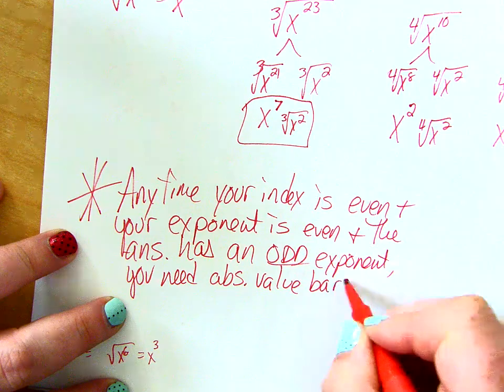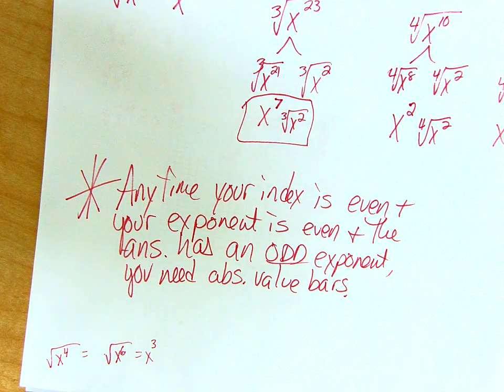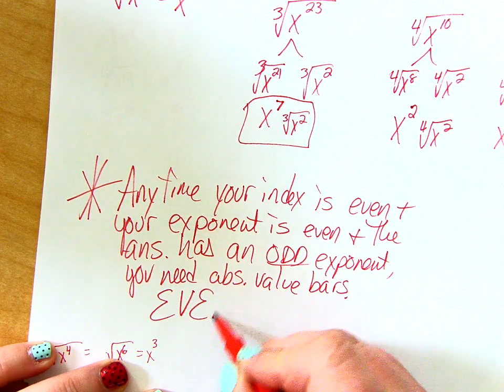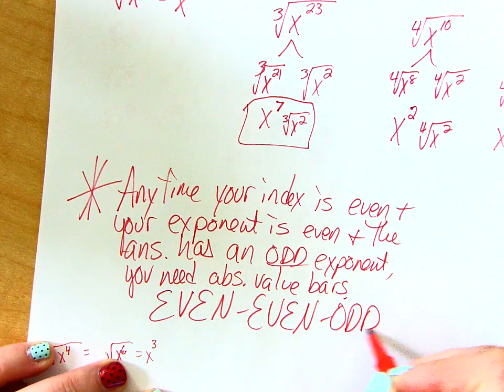What? What are you even talking about? You're so weird. Don't worry, I'm going to explain it. This, we like to say as a little chant, even, even, odd. Even, even, odd. That's how you remember this little bit.